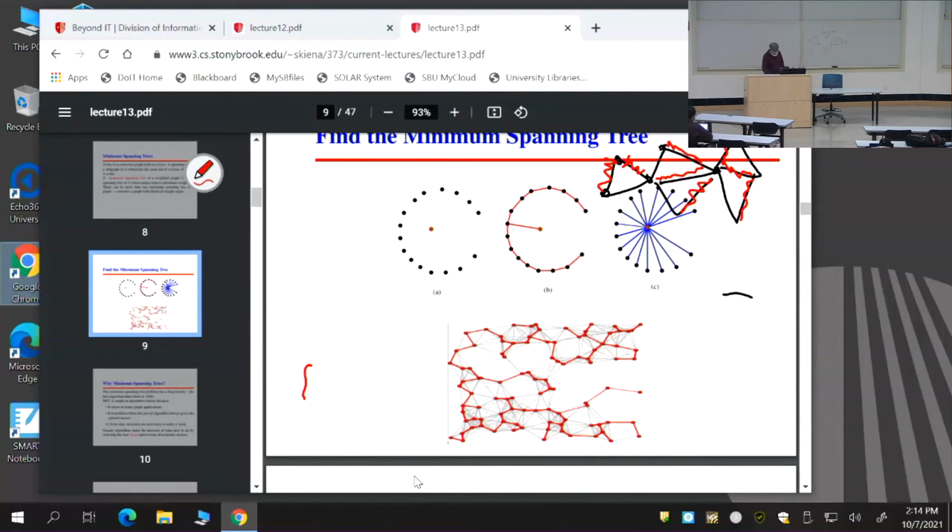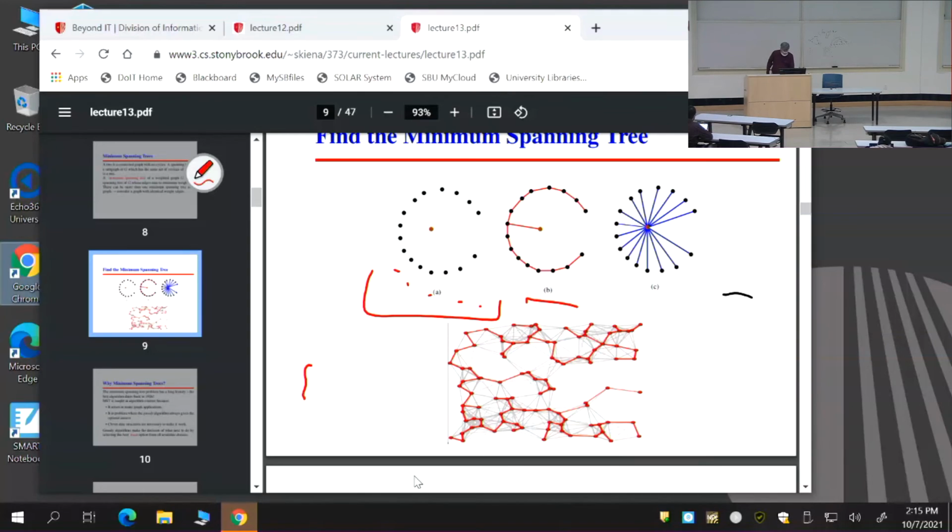Let's imagine a complete weighted graph where we have these points, and they're connected, and the weight of an edge is the distance separating the two points. Imagine a complete graph here where every one of these points is connected to every other one, and the weight is the distance.